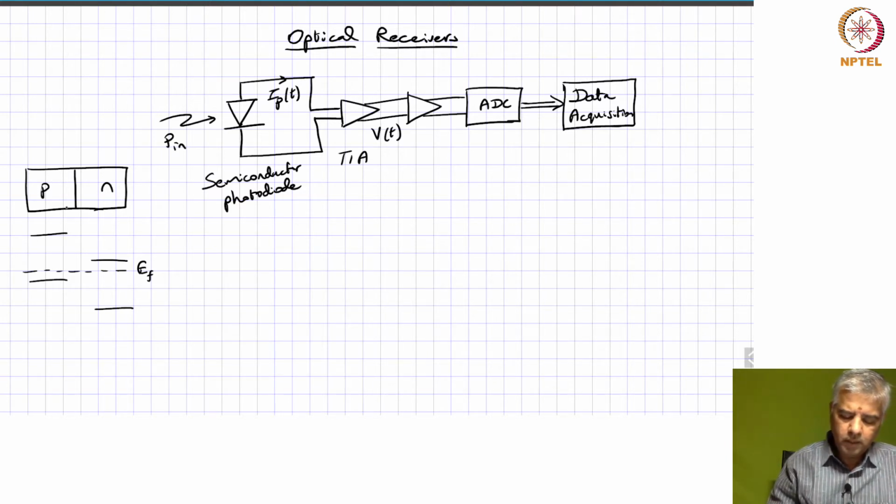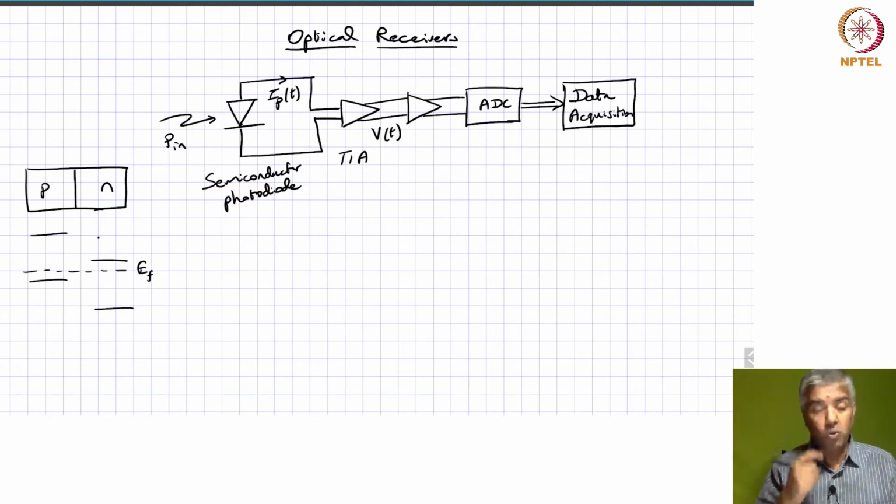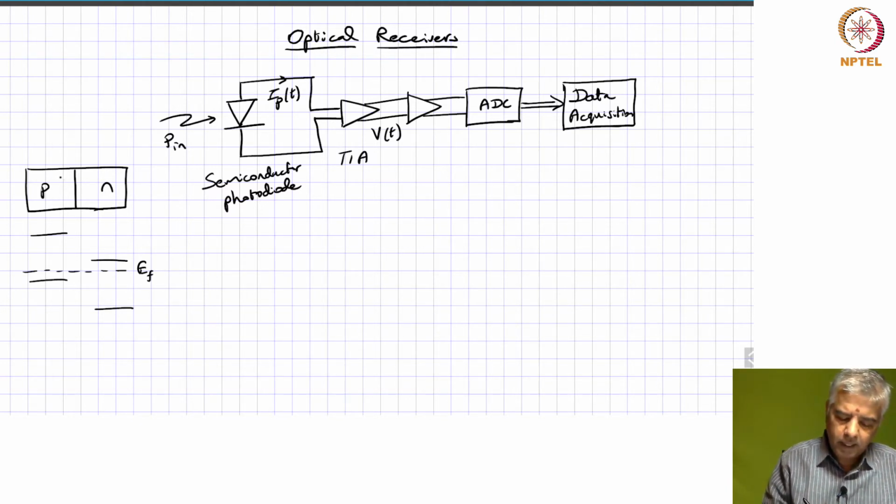So when you bring these materials together, of course, we said we're going to have the majority carriers, which are the holes in the P-type semiconductor, going to move over to the N-type, and the electrons, which are the majority carrier in the N-type, are going to move over to the P-type, and they leave behind some fixed charges.